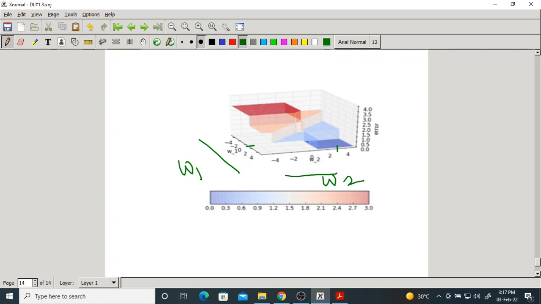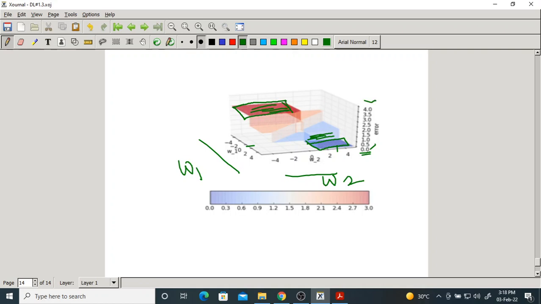So this dark green indicates very few errors. You may get 0 errors, maybe 0.5 errors, as error probability. This light blue region indicates more errors. This indicates large errors.